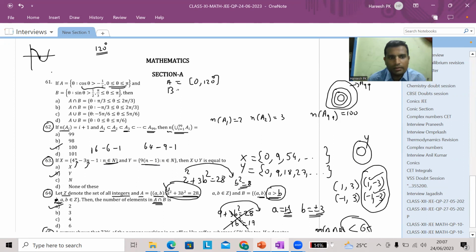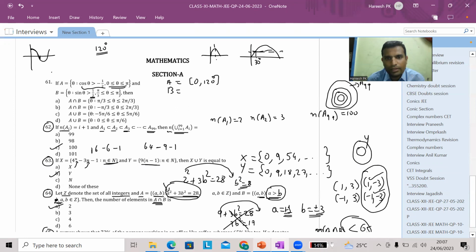And set B is sin theta should be greater than half. So sine graph, when you plot, this is 90 degrees. And when does sine theta become half? If you draw a bigger version, at 30 degree, sine theta is half.